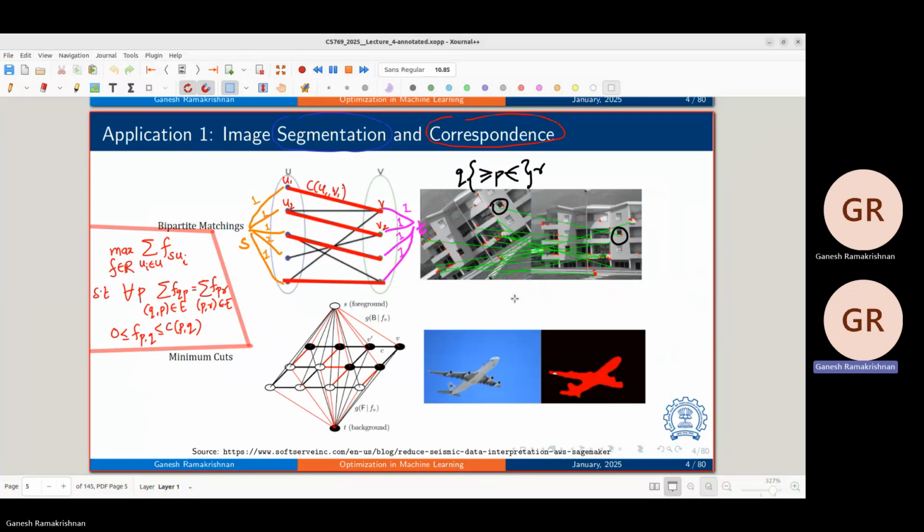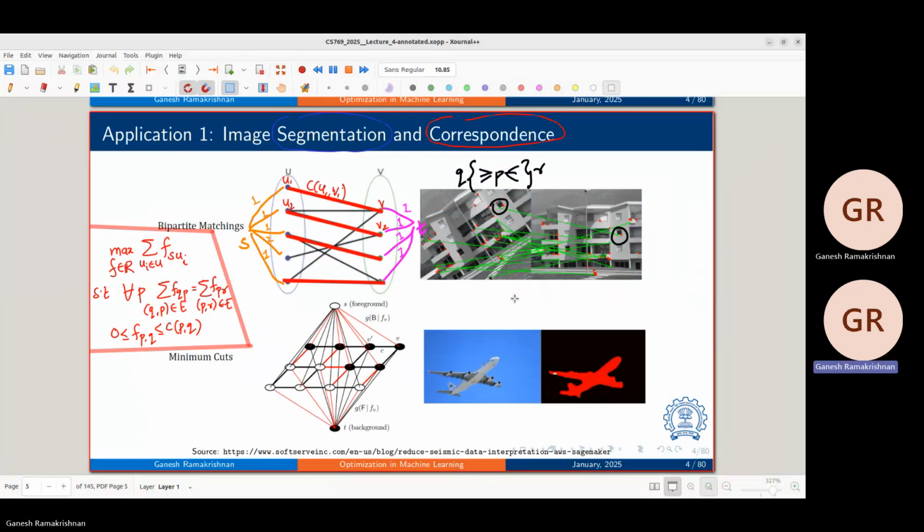You are trying to maximize the flow going from the source S to the collection of nodes U in the left image, such that the incoming flow at every node P equals the total outgoing flow from that node P. The Q's and the R's are the other incoming nodes from where flow comes to P, and outgoing nodes where flow goes from P, from Q to P and from P to R.